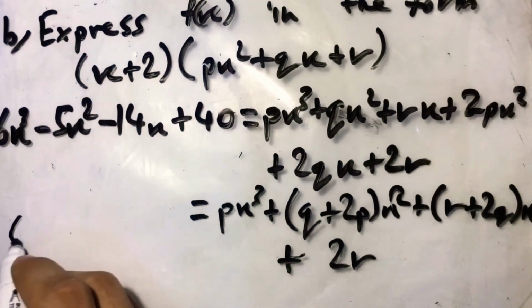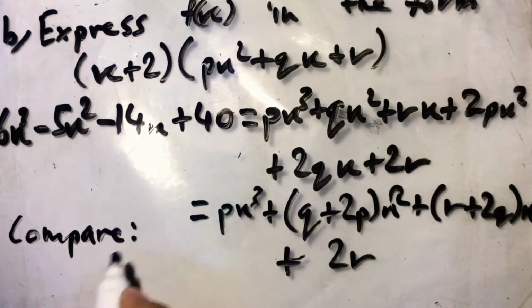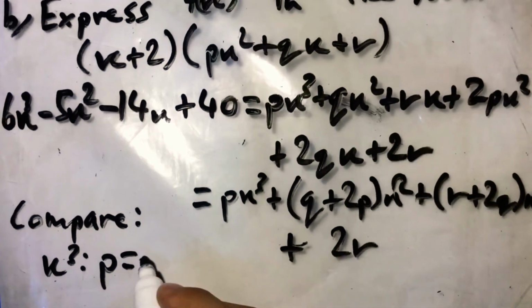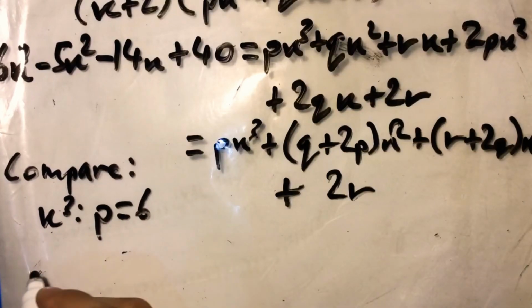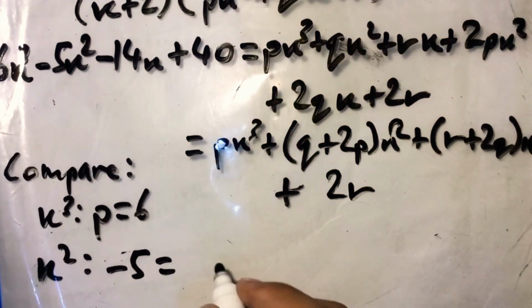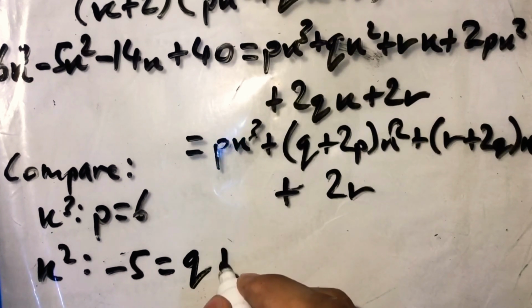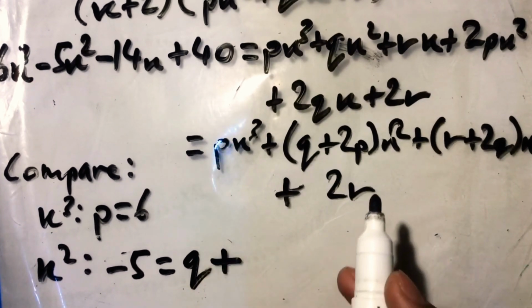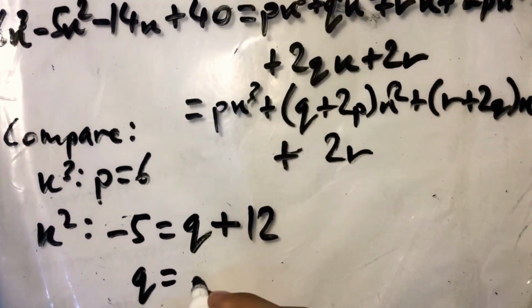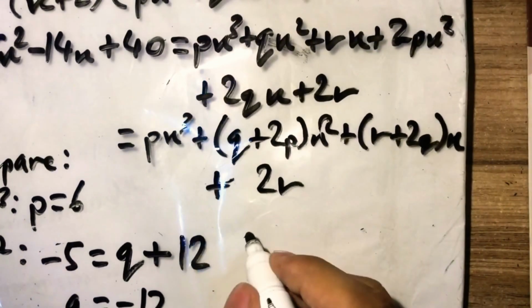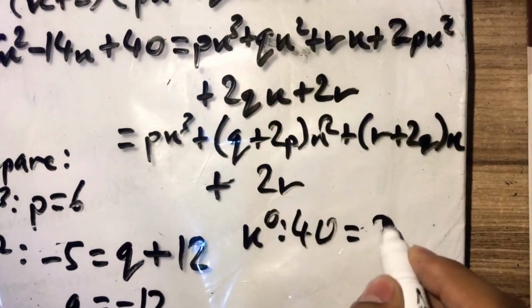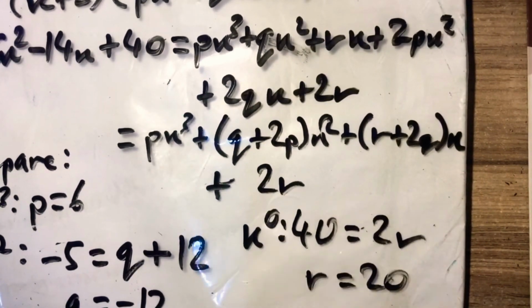Now we compare the coefficients. First comparing x cube's coefficient, p is equals to 6. Next we'll compare the coefficient of x squared, so minus 5 equals to q plus 2 times 6, that is 12, so q equals to minus 17. Now comparing the coefficient of x to the power 0, so 40 equals to 2r, r equals to 20.